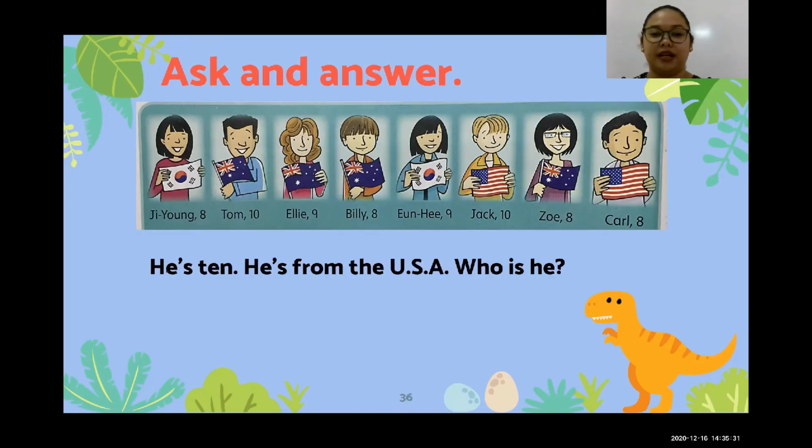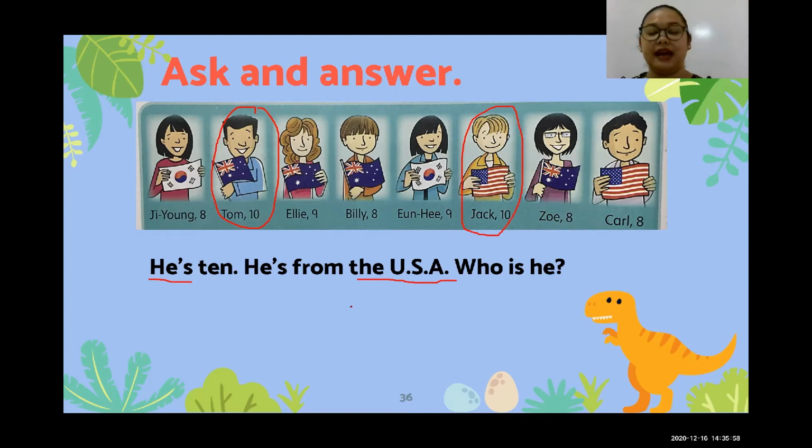Let's read this one. He's 10. He's. That means it's a boy. He's 10. He's from the USA. Okay, so he's 10. So we have Tom, 10, and Jack, 10.